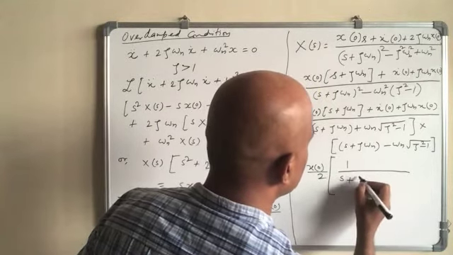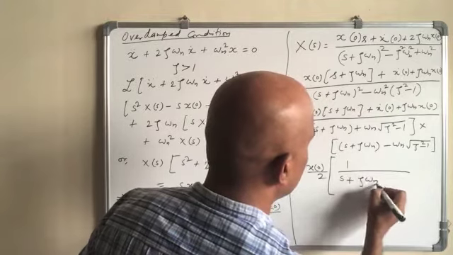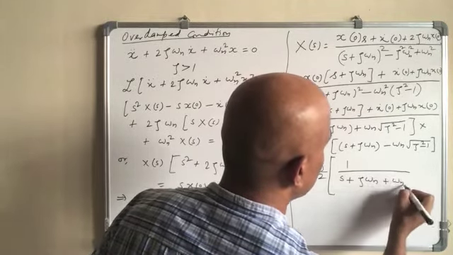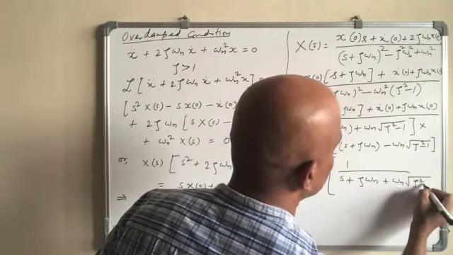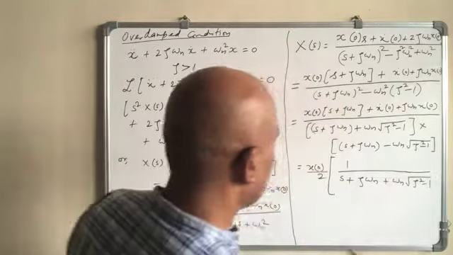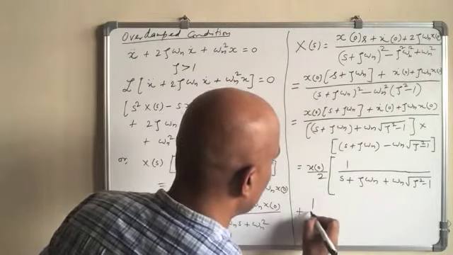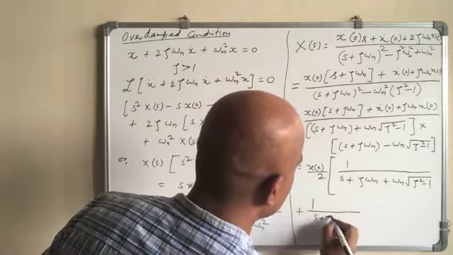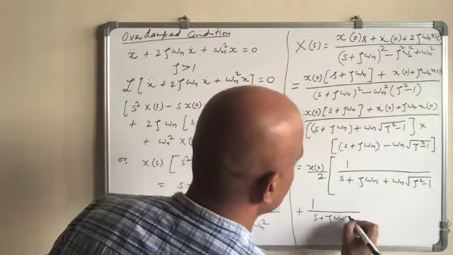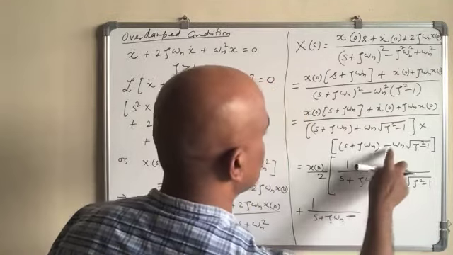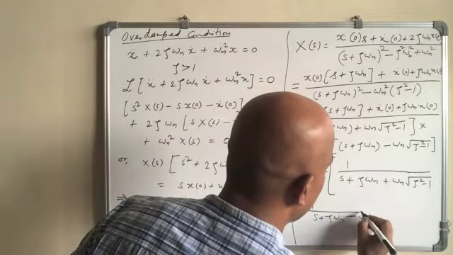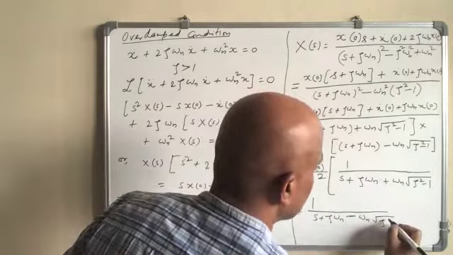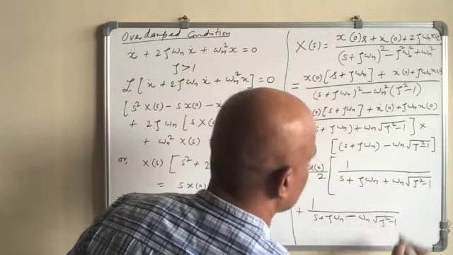plus zeta omega n plus omega n root zeta square minus 1, plus 1 divided by s plus zeta omega n minus omega n root zeta square minus 1.